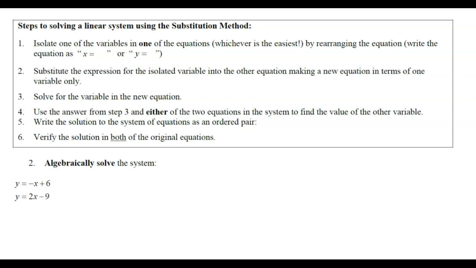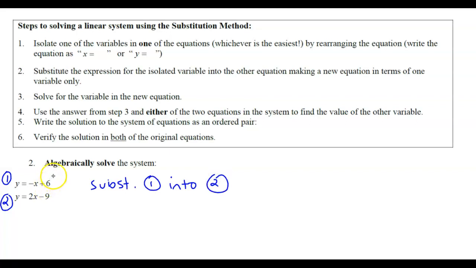Here, algebraically solve using substitution. Take a look, they're both solved for y, so this is super easy. I'm going to take the first one and call it equation 1 and the other equation 2. I'm going to substitute equation 1 into equation 2.